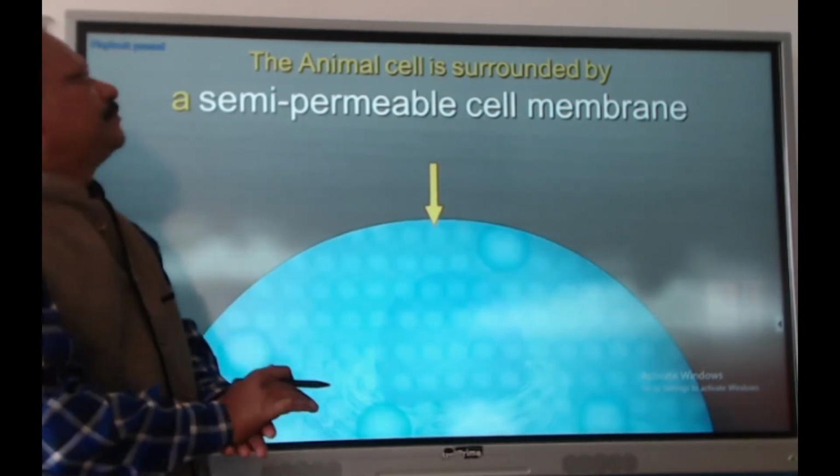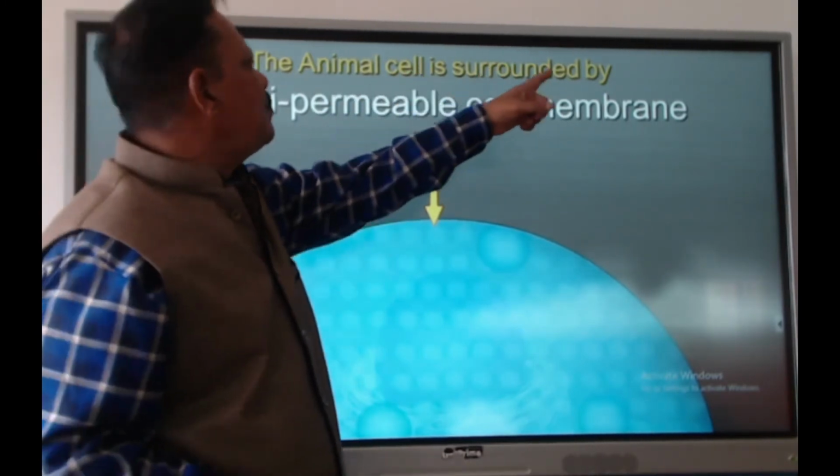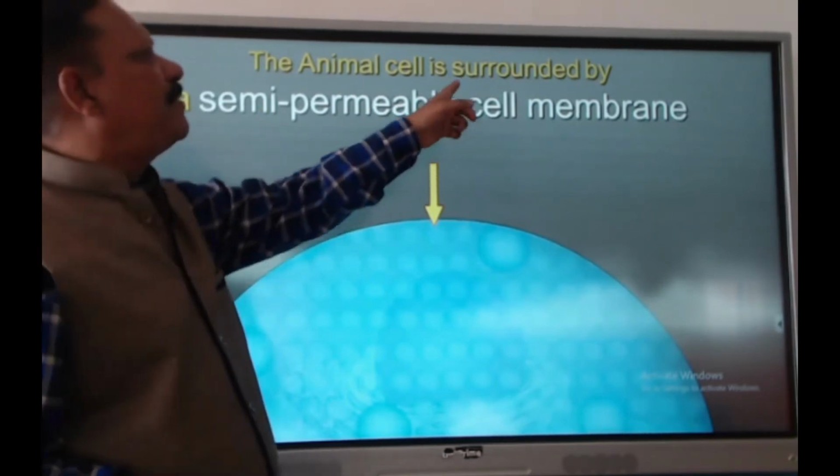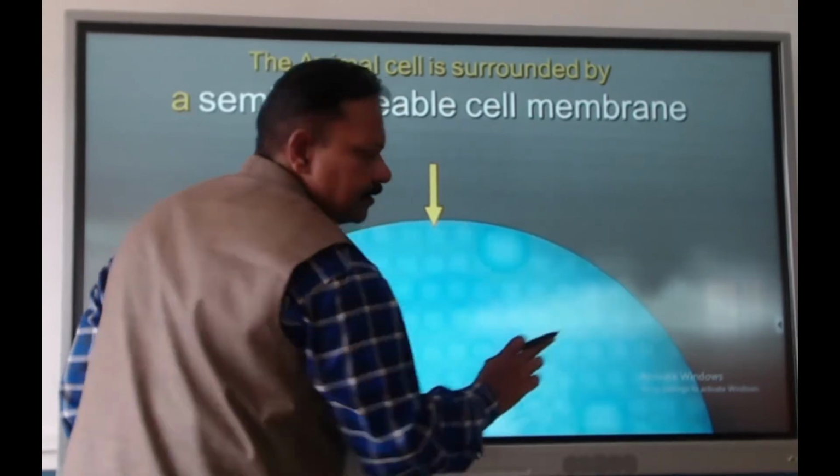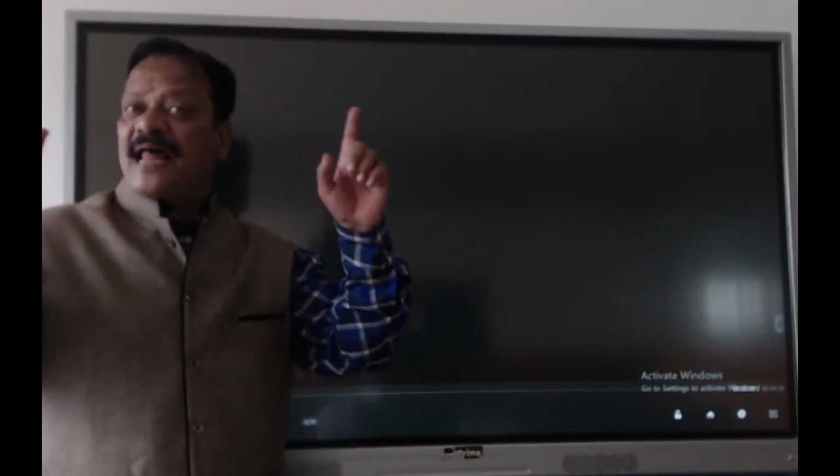So see here, animal cell is surrounded by a semi-permeable cell membrane. So this is a cell membrane. So the outermost layer of the animal cell is a plasma membrane.